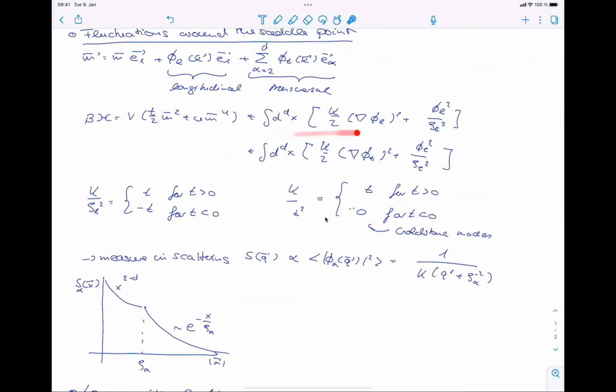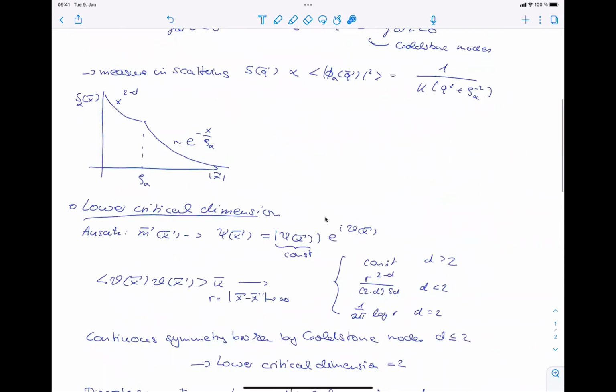And we now use this effective Hamiltonian to calculate the free energy. And from the free energy, the response function, to learn how the response function changes as a function of the dimension.